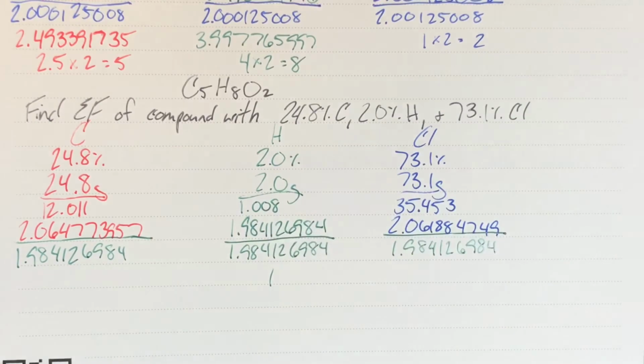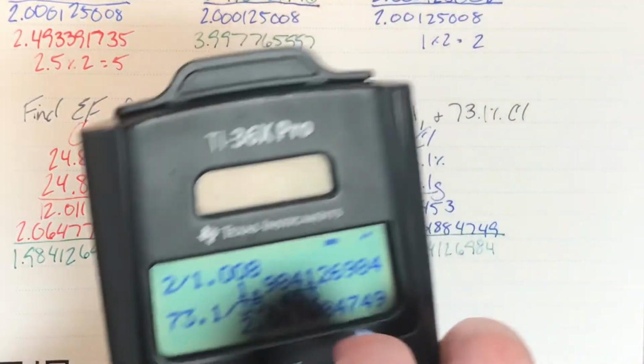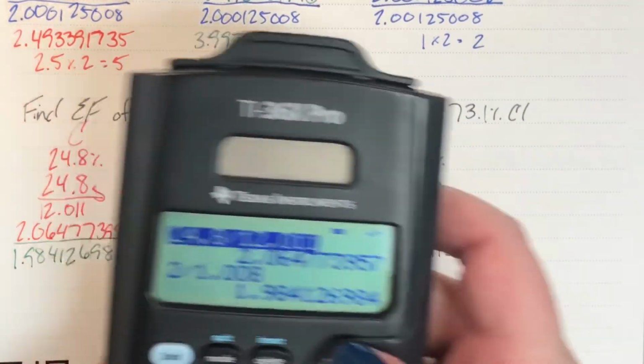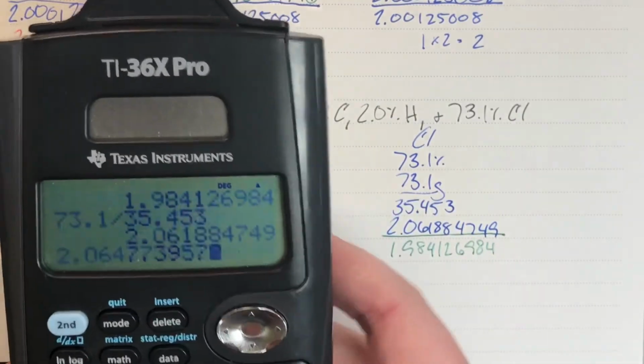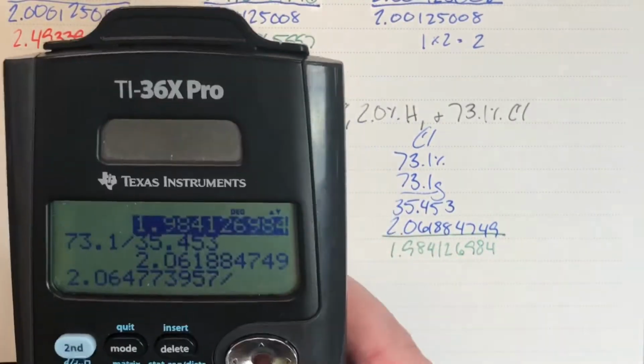This is obviously going to be 1 for this. And then I can go ahead and divide the others by that.